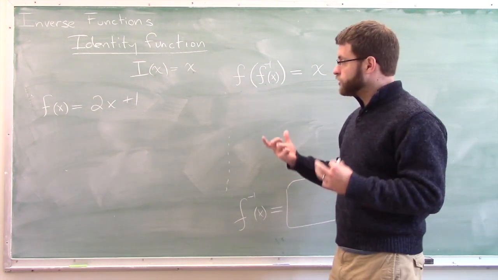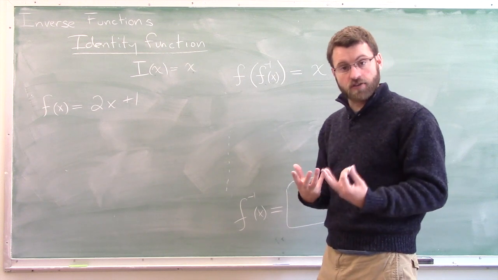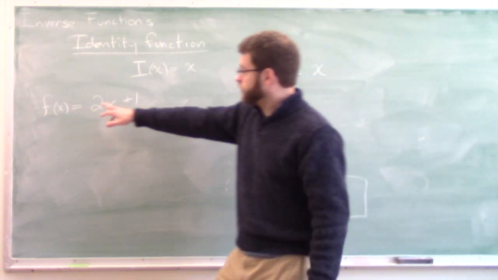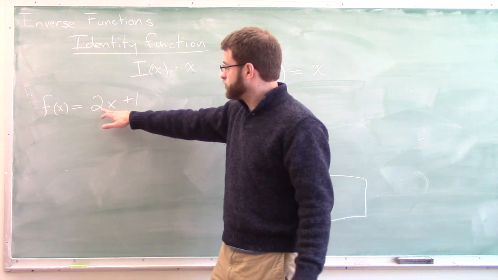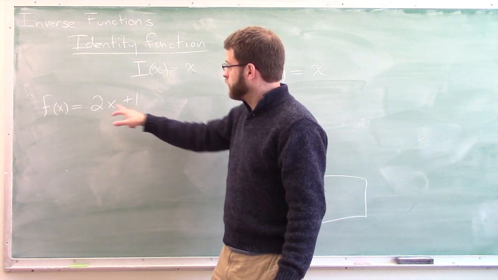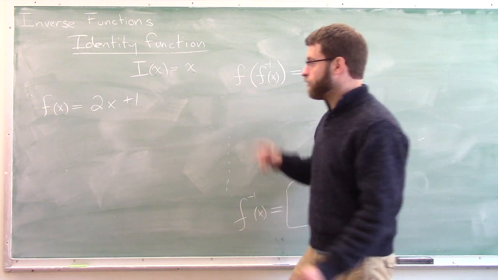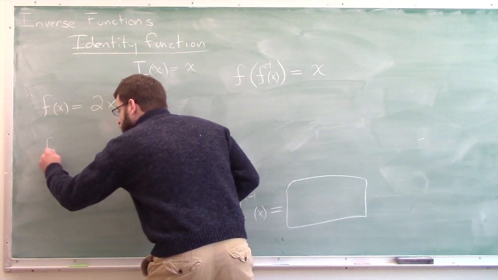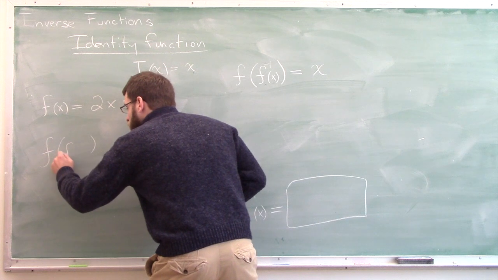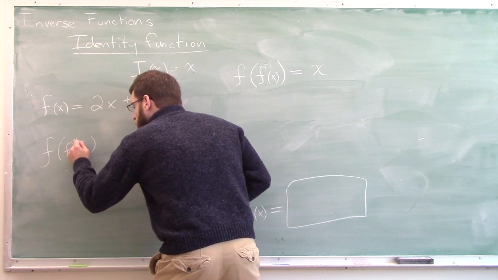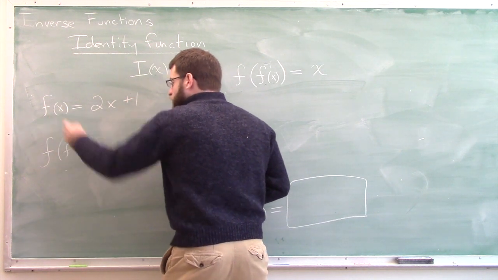Okay, so to do this, we just have to take advantage of argument notation. So if f of x is equal to 2x plus 1, then f of f inverse of x, that would be all the same stuff with f inverse plugged in.